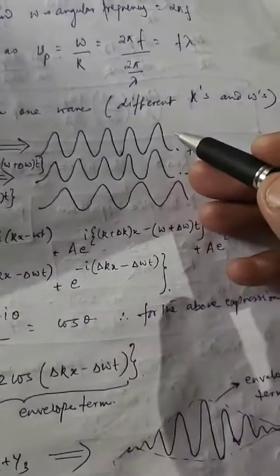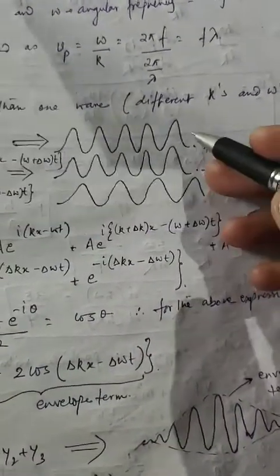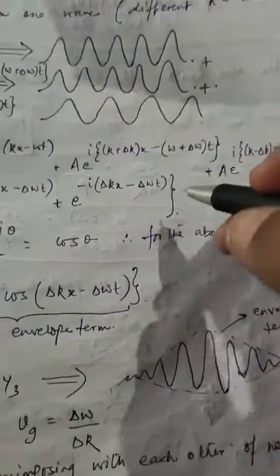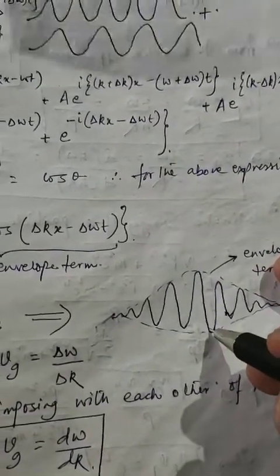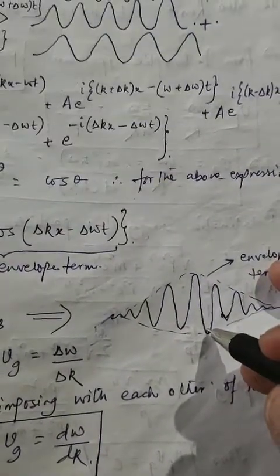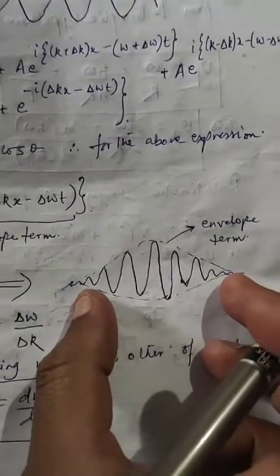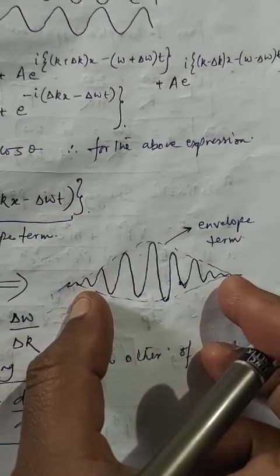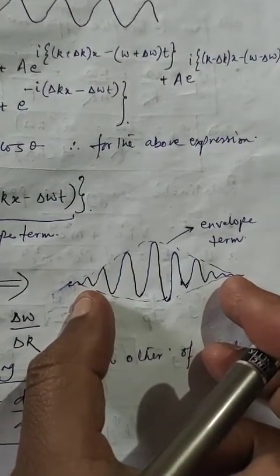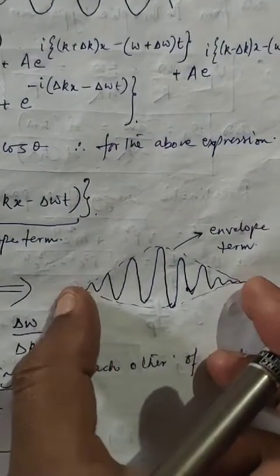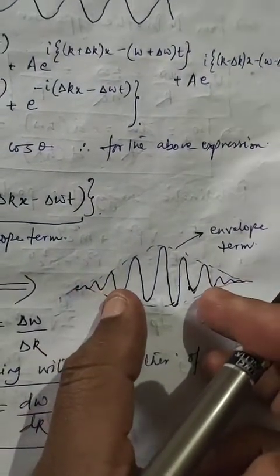Now, if you add many waves, then instead what you get is a wave packet. You see, this wave packet has a certain dimension, or in other words, it is localized in space.